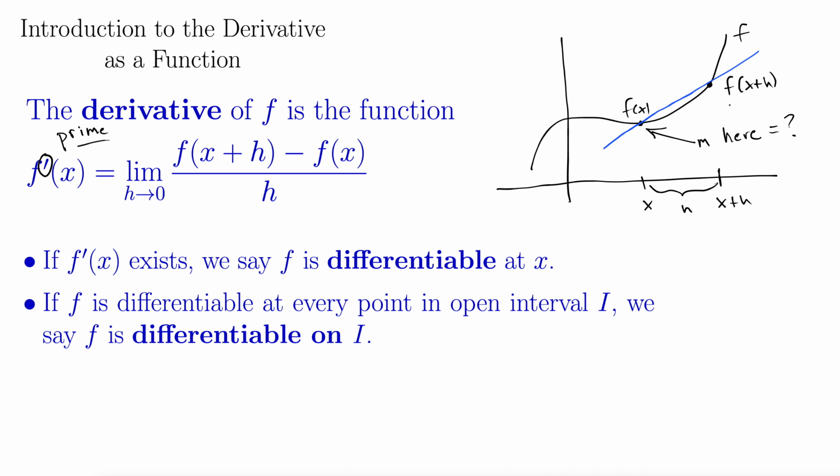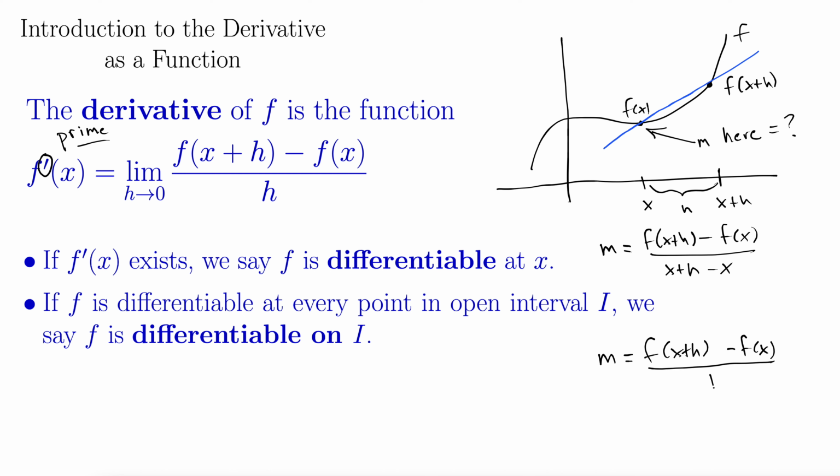So let's do the y's over the x's. The slope would be f of x plus h minus f of x, that's y2 minus y1, over x2 minus x1, x plus h minus x. We can clean that up a little bit to give us the slope of the secant line: f of x plus h minus f of x all over h.